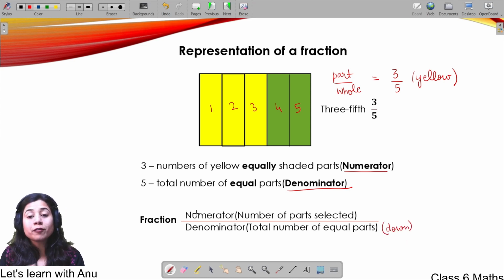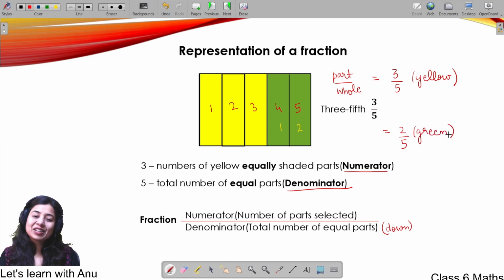So if I ask you what is the fraction of the green shaded part, what will be the answer, class? How many parts are shaded green? 1 and 2. So for the green shaded part, the fraction will be 2 by 5. I hope everyone is clear about it.